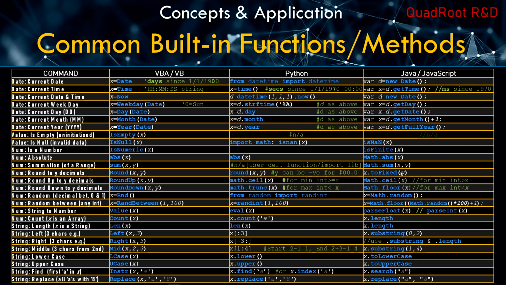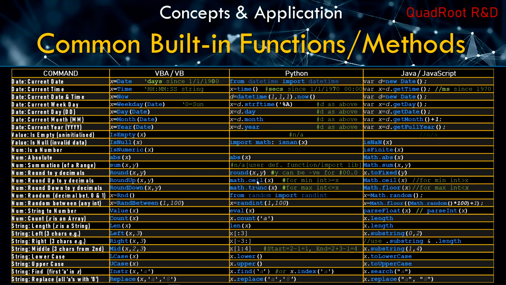In Java, it's the toFixed method where y is the decimal places. You can round up, you can round down. In Python, it's called ceiling and trunc, but this is not to decimal places. This is to whole numbers, integers.